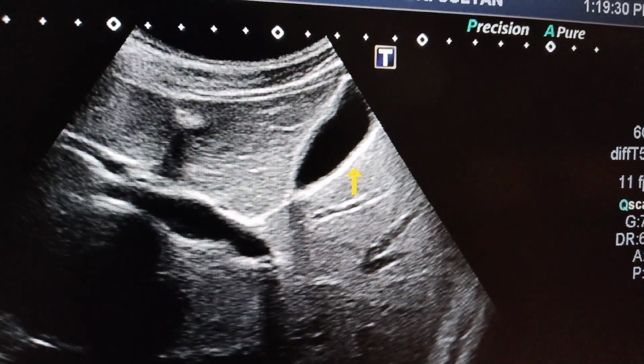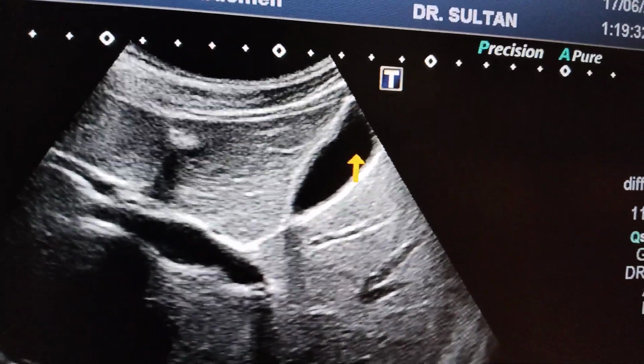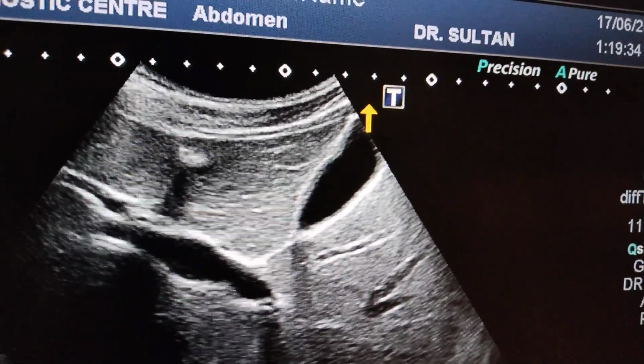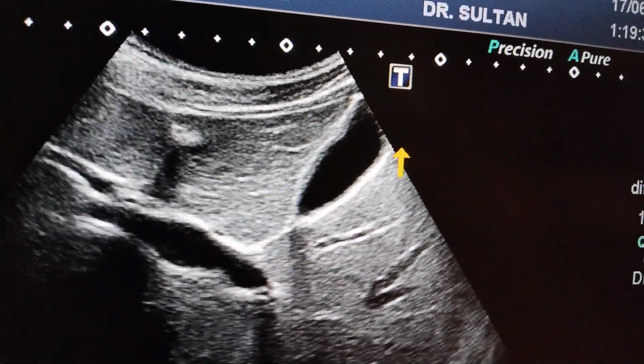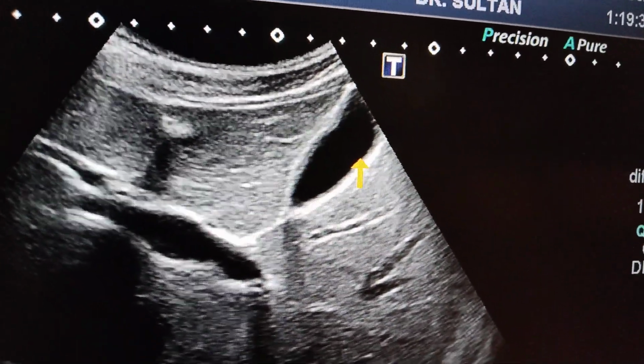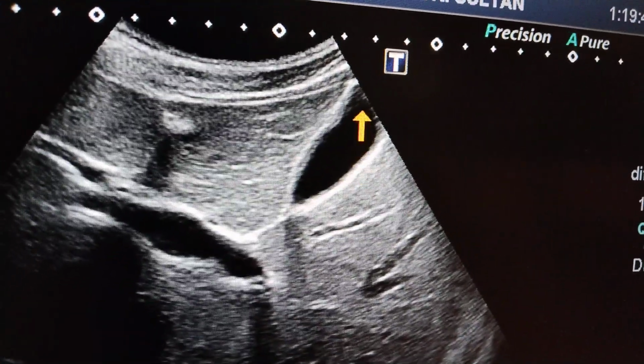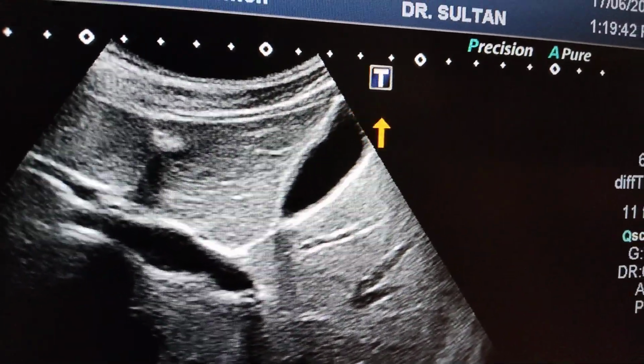So it has three parts. Number one, distal portion which is hanging at the under surface of the, which is the visceral surface of the liver. So is the fundus.